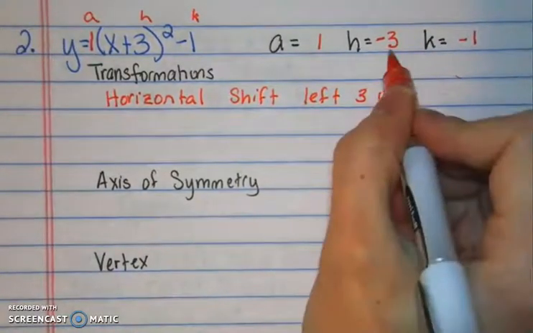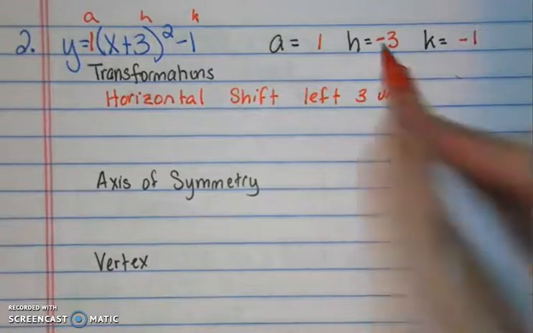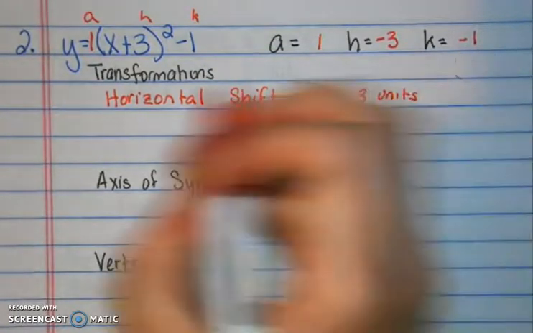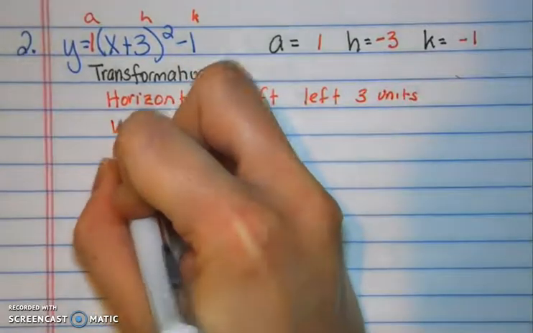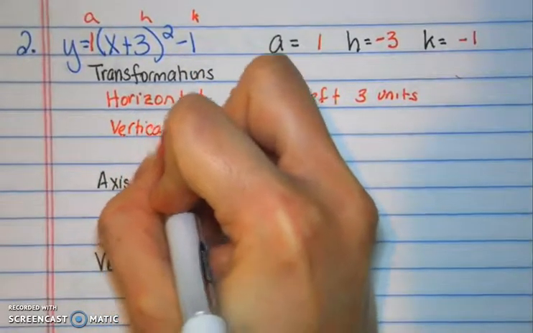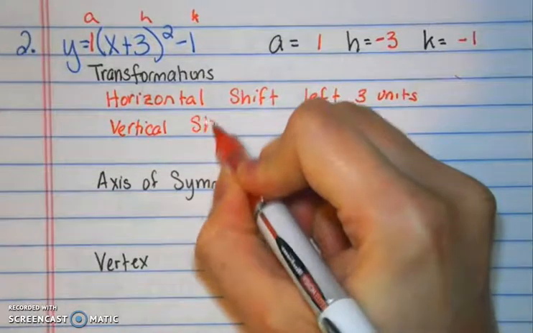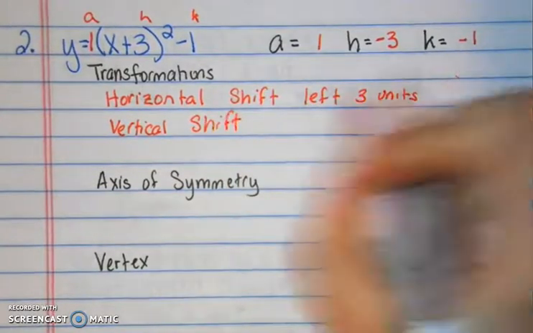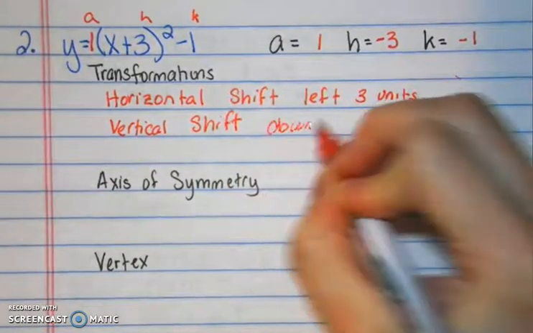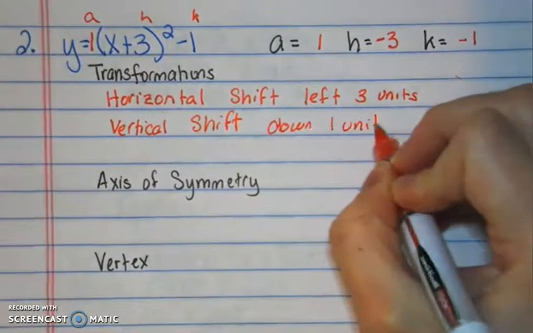I have gone left 3 units because this is a -3. k is -1, so that is my vertical shift. So I have a vertical shift, and that negative tells me I am going down 1 unit.